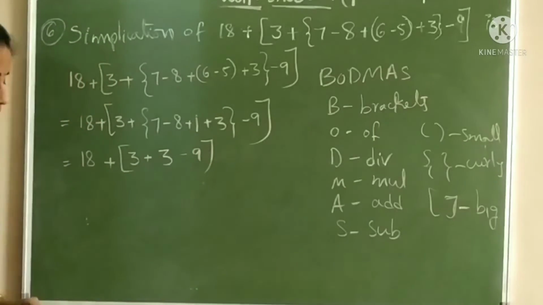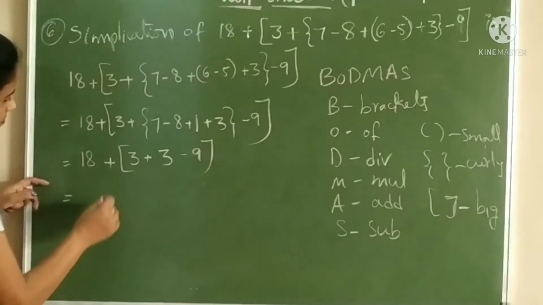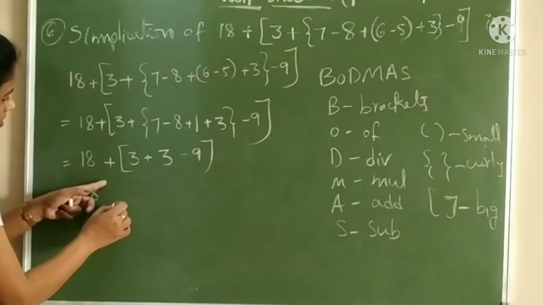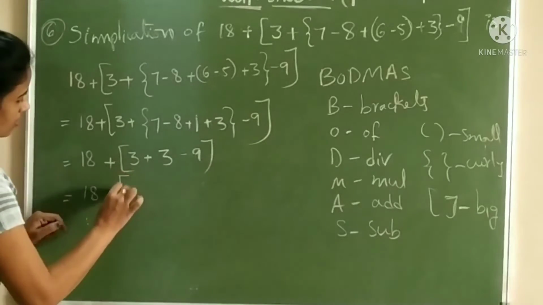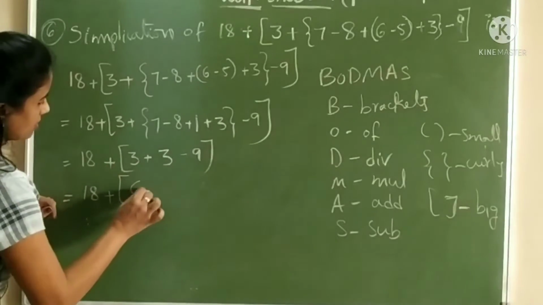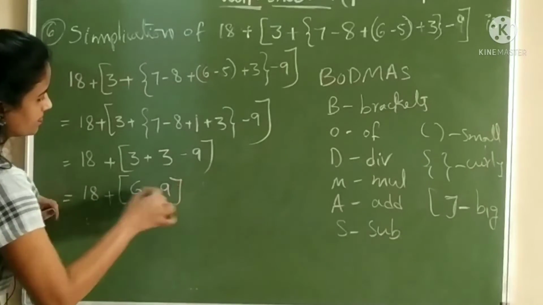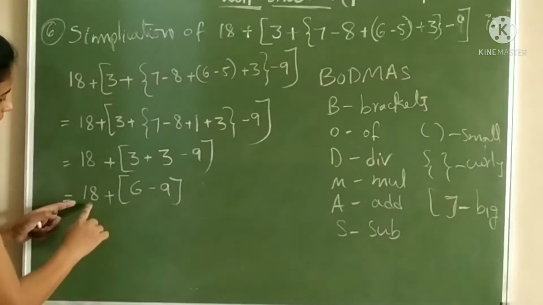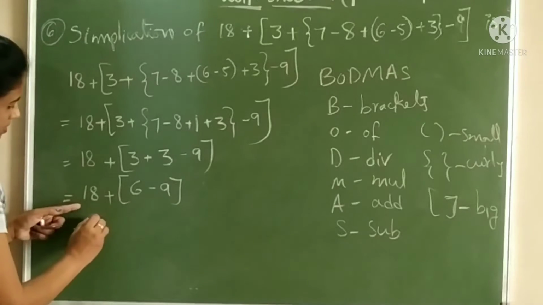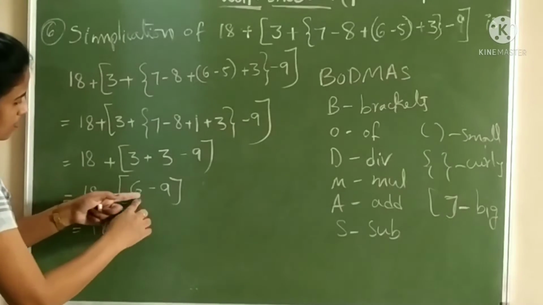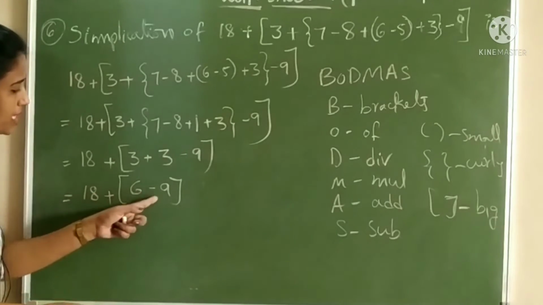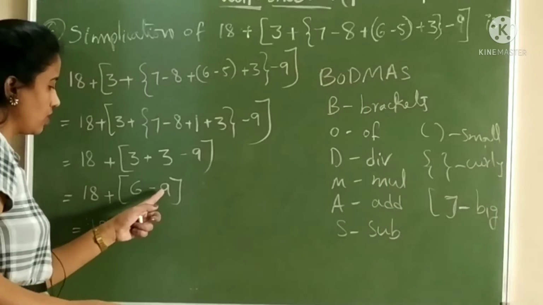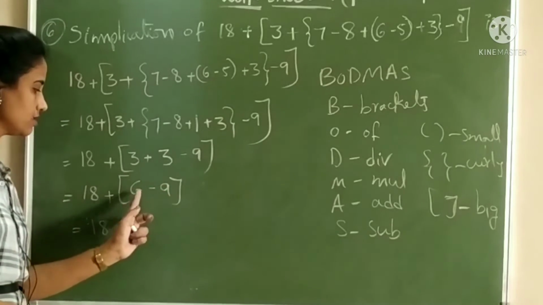Again 18 plus 3 plus 3, 6, minus 9. Here 18 plus 6 minus 9: 6 minus 9 we can't subtract, so subtract 9 minus 6, which is 3.